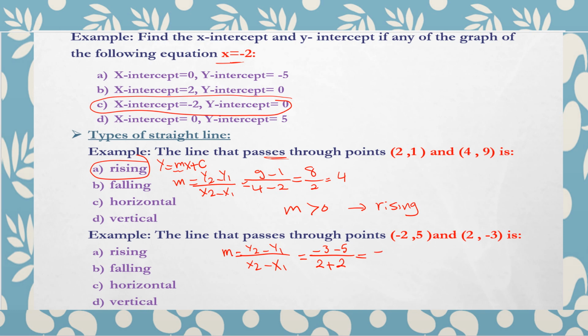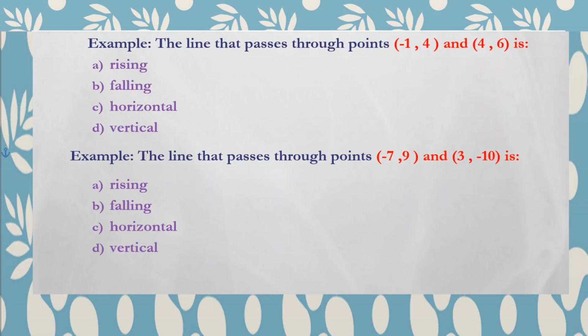So -8 over 4 equals -2. Here m is negative or less than 0, so the line is falling. And the correct answer is B.